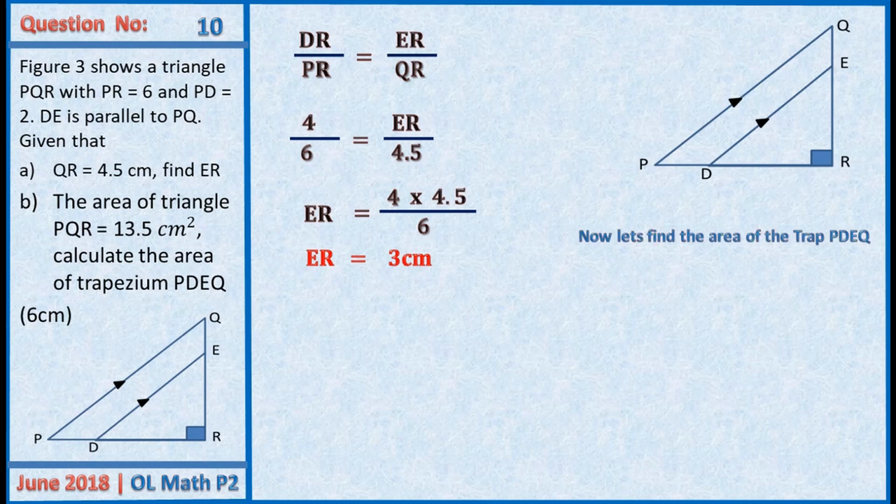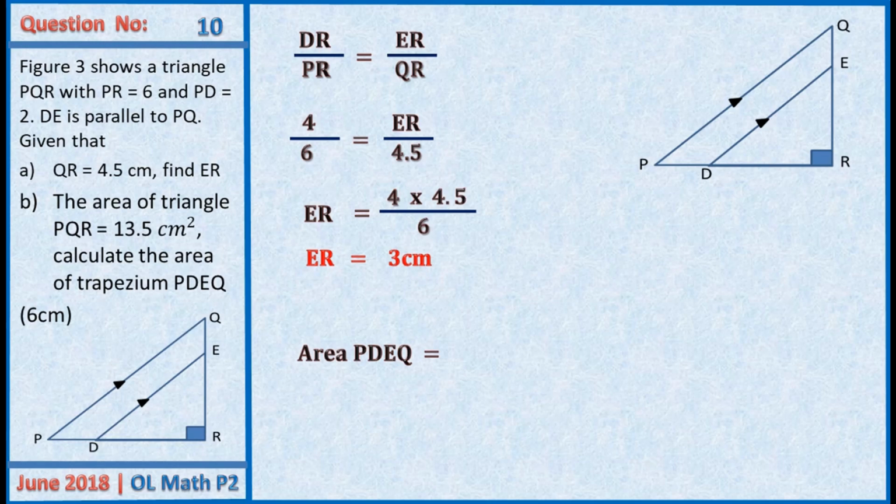Now let's find the area of the trapezium PDEQ. It will be almost impossible to use the formula half sum of parallel sides times height, because it will be difficult to determine the height here. So what we'll do is, we observe that the area of the trapezium will be the difference of the areas of the big triangle and the small one.